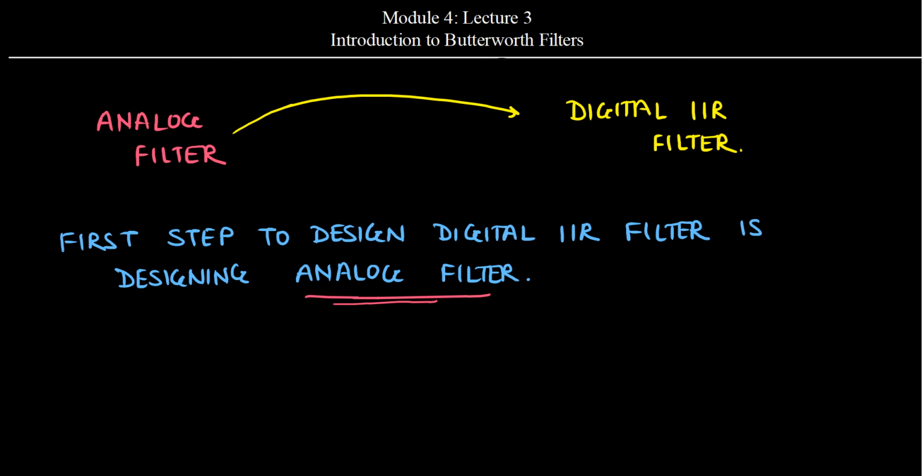Now various scientists proposed various models and circuits for different kinds of filters which had some pros and cons, and one such filter was proposed by Butterworth. So let us look at the Butterworth filters.